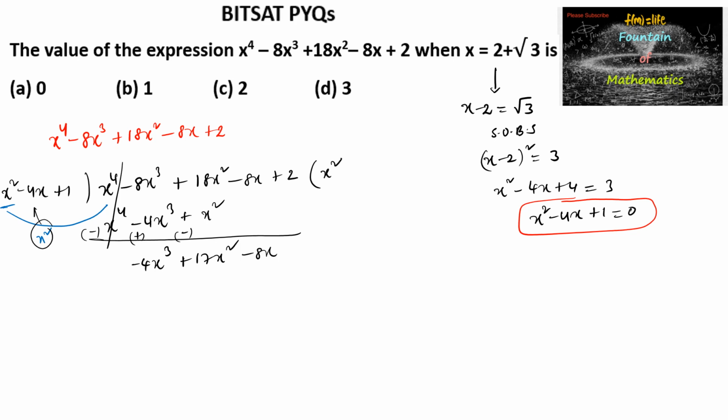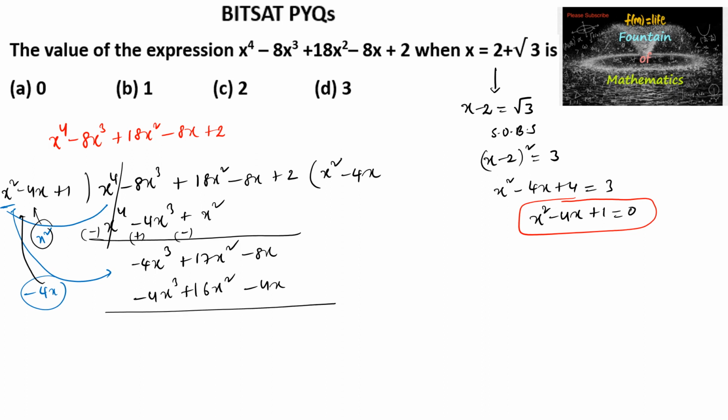Now here we can see that x square minus 4x times, you will get minus 4x power 3. So let us consider here minus 4x. So minus 4x must be multiplied with this. So we'll get minus 4x power 3 minus of minus, plus 16x square and minus 4x.